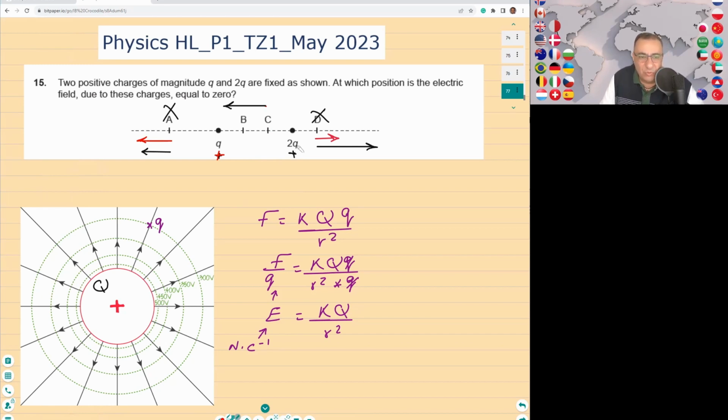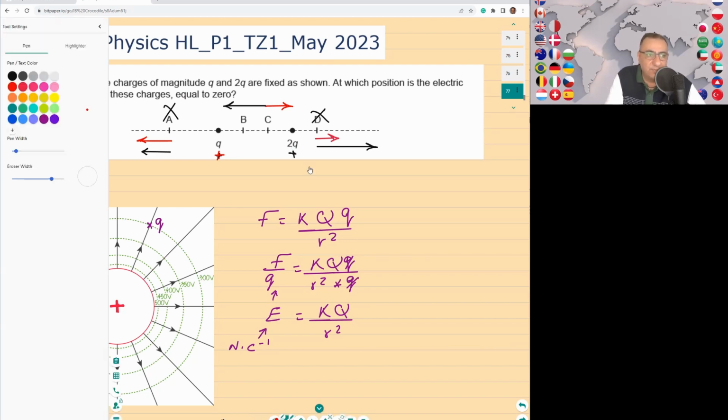It will be even smaller at point C due to Q only. Make sense? Because point C is further away compared to 2Q, and also Q is smaller. So this red field at point C has to be smaller than the black one at C. So we are left with the final answer, B.